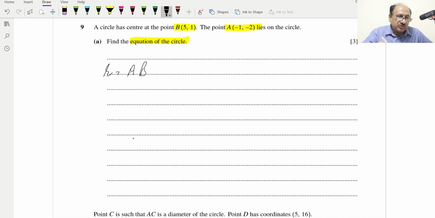AB distance will be the radius, because one point is at the center and the second point is on the circle. So AB will be equal to the square root of (5 minus -1) squared plus (1 minus -2) squared.